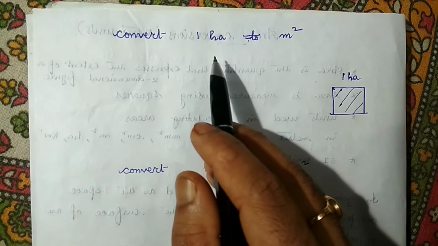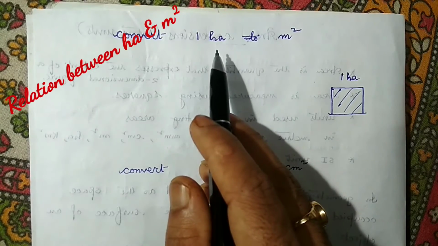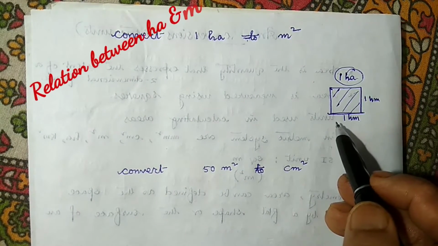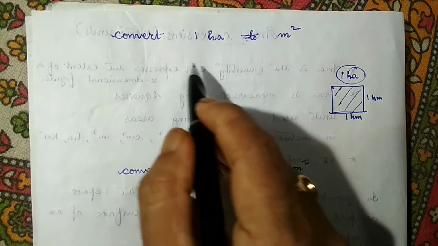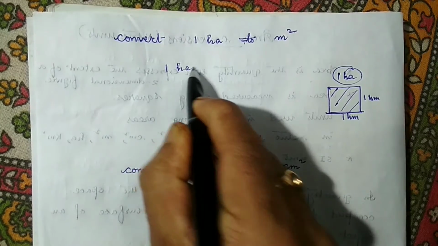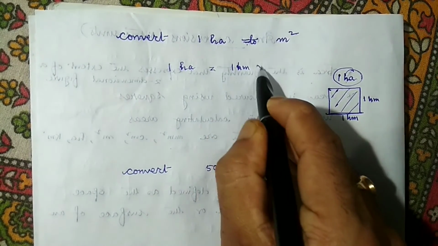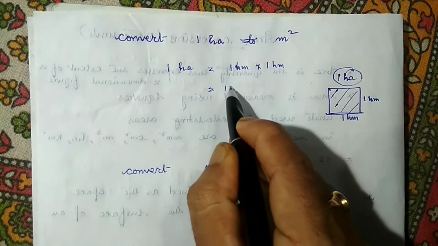Now suppose we want to convert 1 hectare to meter square. Now what is 1 hectare? 1 hectare is the area of a square whose each side is 1 hectometer. Clear? So I can write 1 hectare is 1 hectometer into 1 hectometer. And we know 1 hectometer equals 100 meter.